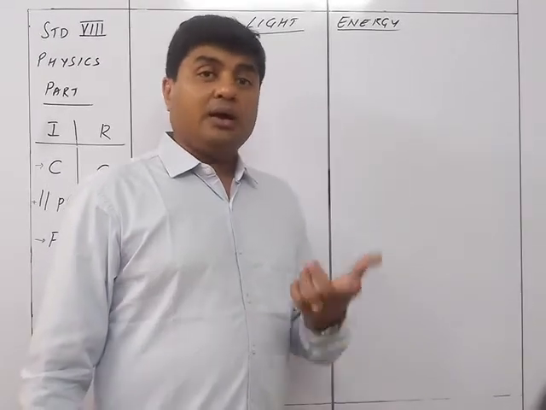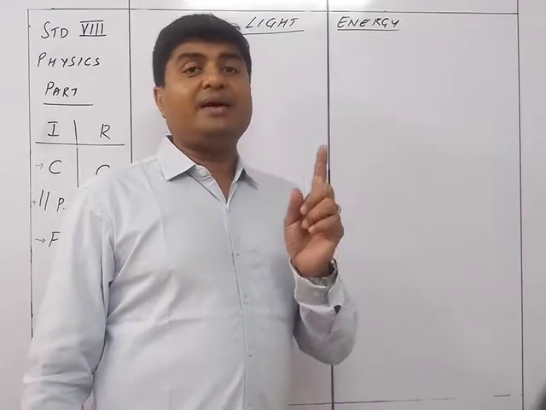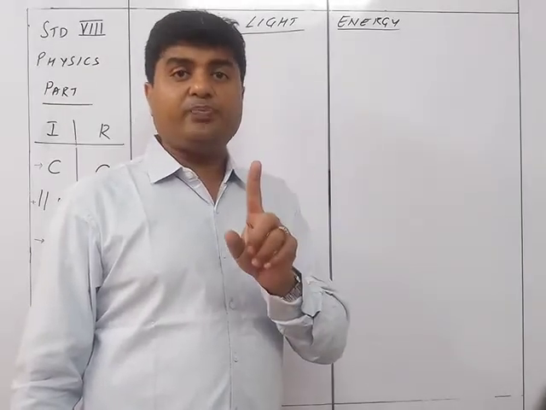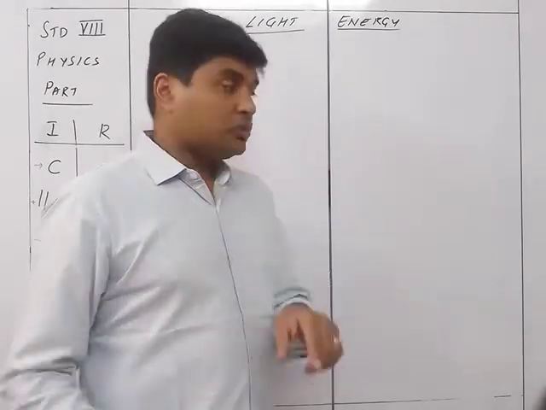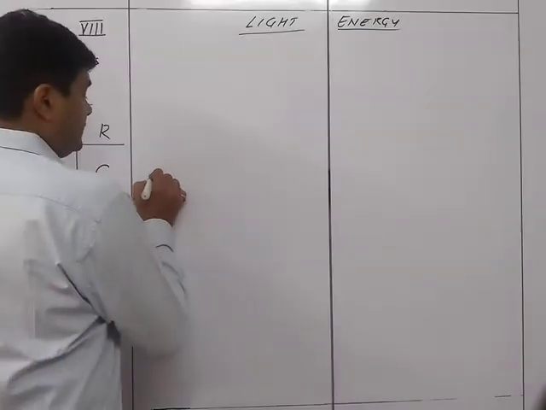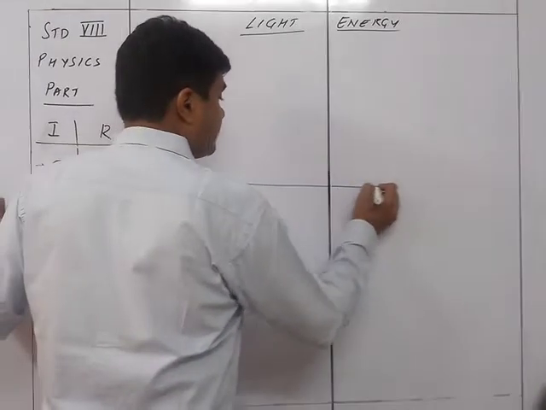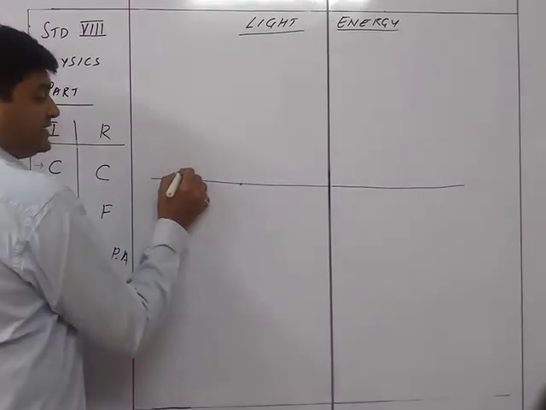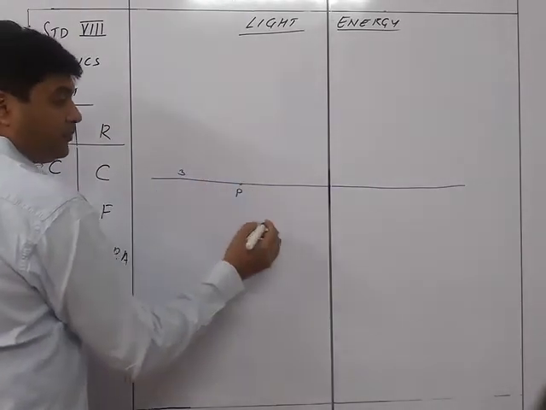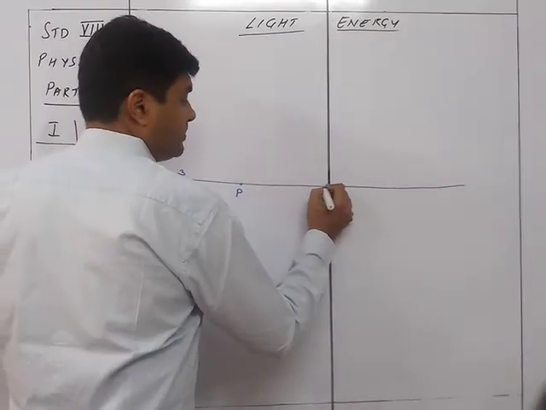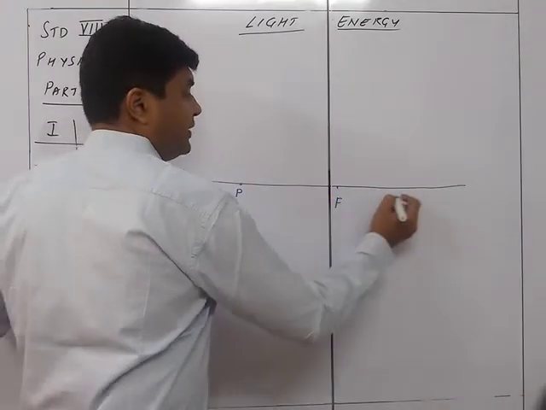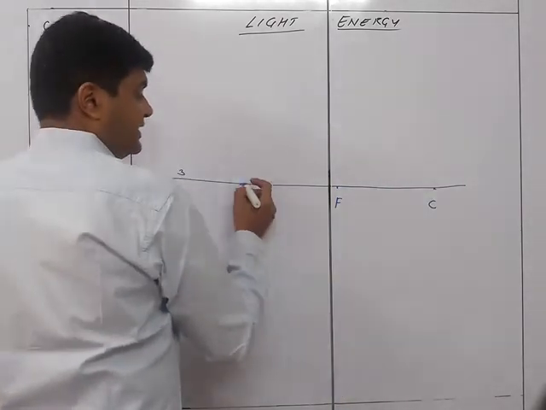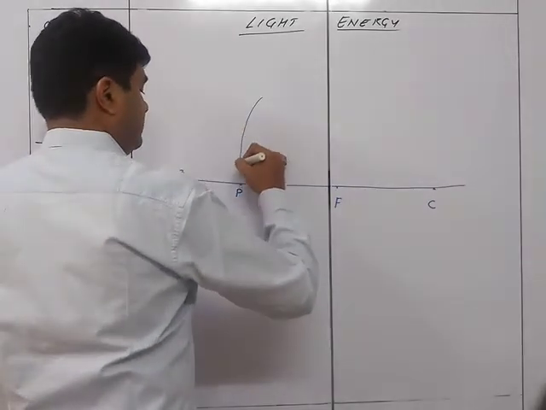So first of all, in this diagram, we are going to do the same as in the last video, the 6th case of the concave mirror. We take a straight line of 10 centimeters, with a 3 centimeter marker point, this is your point P. Again a 3 centimeter marker point, which is your point F, and again a 3 centimeter marker point, which is C. Taking this as the radius, draw the mirror.